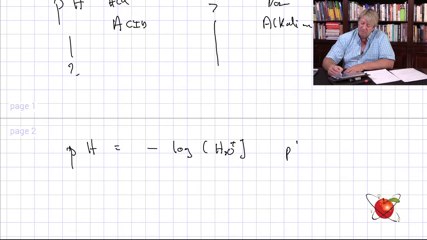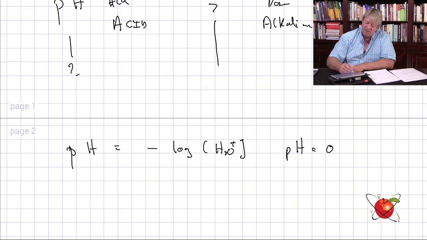So let's have a look. pH. Can we have a pH of 0? If we have a pH of 0, then we say 0 equals negative log of H3O plus, and then we'd use our calculator.